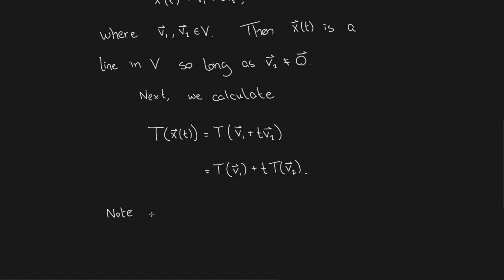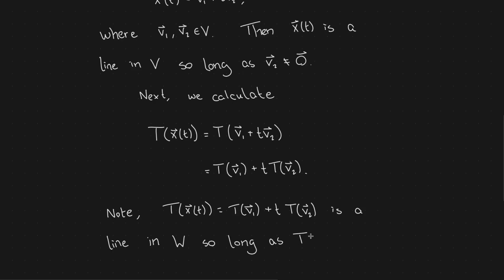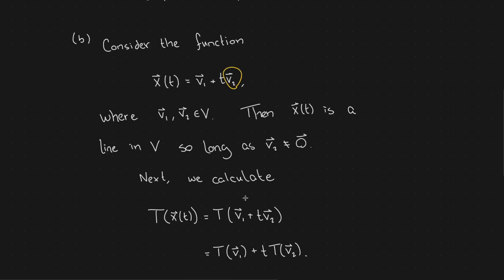Note T of x of t, which equals T v1 plus my scalar t times the transformation of vector v2, is a line in the codomain W so long as the transformation of v2 is not the zero vector. So same thing that we saw up here. If the direction vector is the zero vector, the zero vector isn't actually pointing anywhere, right?